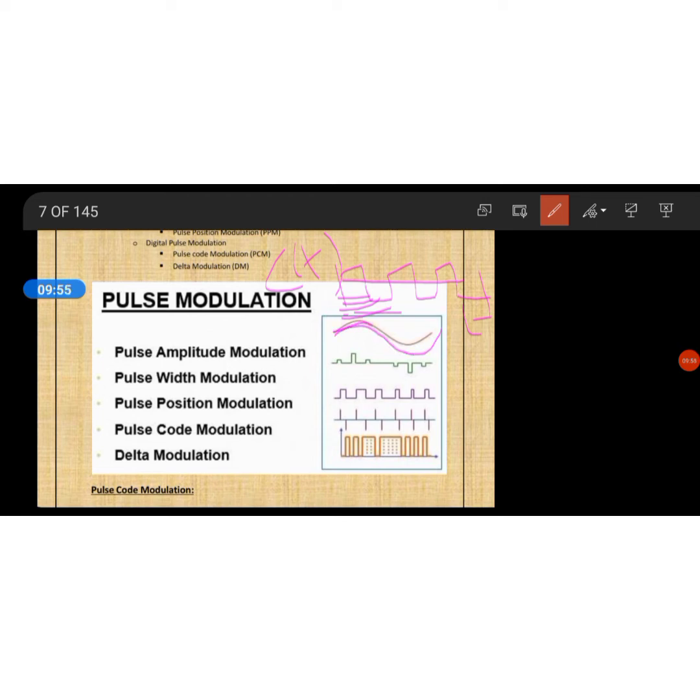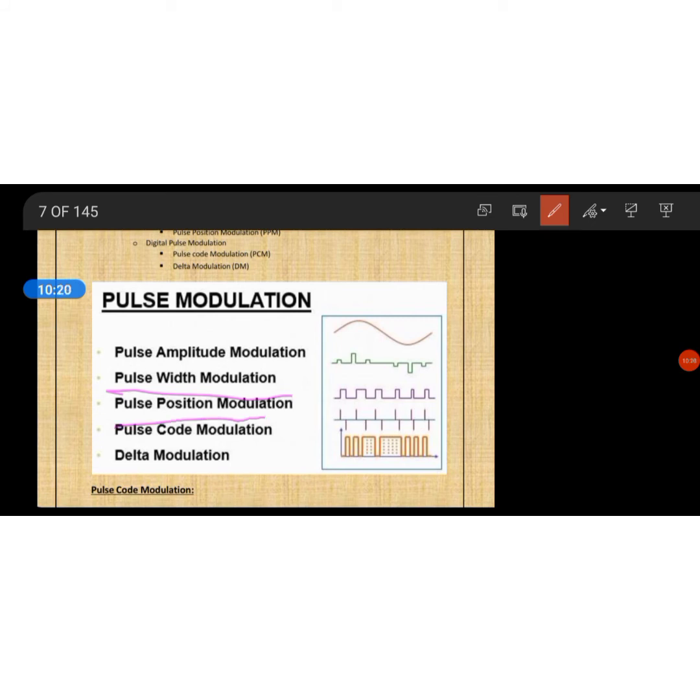Based upon increasing amplitude, decreasing amplitude, increasing: if the amplitude is decreasing, the width will be decreasing. Increasing amplitude, the width will be increasing. So the carrier width is varying with respect to the message signal. This is called pulse width modulation.